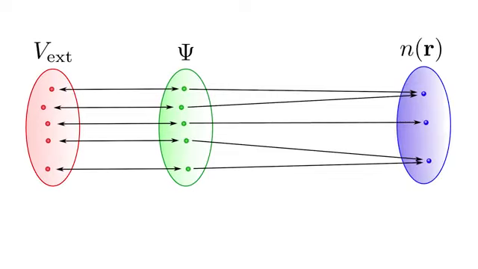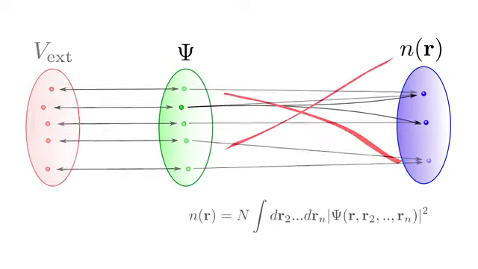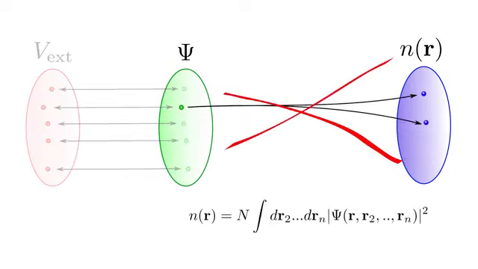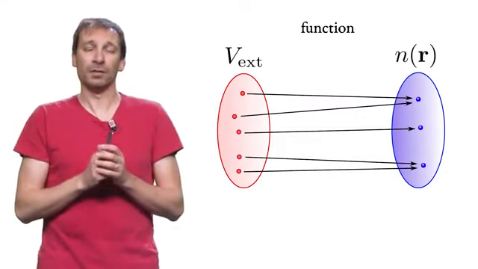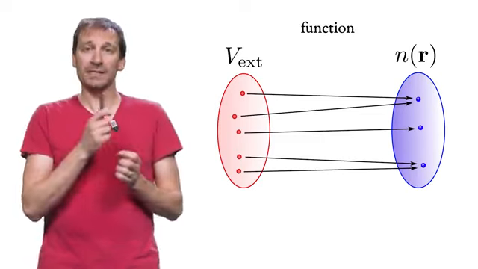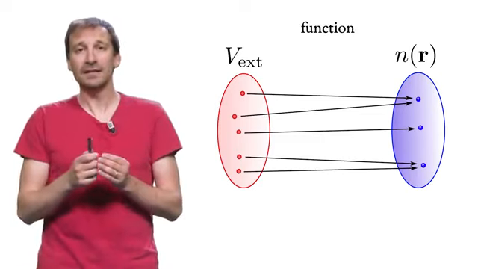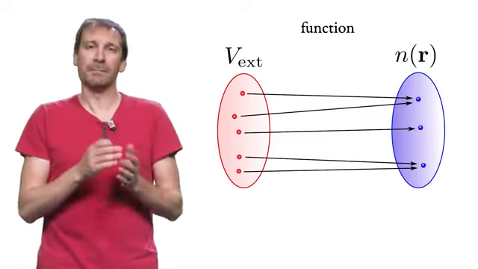You see here that I automatically consider this mapping to be a function. We can safely rule out, in fact, non-surjective mapping. Given a wave function, we will have only one density that is obtained by the usual integration of the square modulus of the wave function over all but one space variables. And this means that overall, the relation between the external potential and the density is at least a surjective mapping.